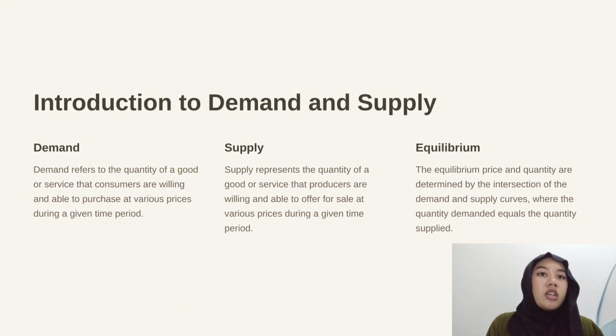Equilibrium. The equilibrium price and quantity are determined by the intersection of the demand and supply curves, where the quantity demanded equals the quantity supplied.